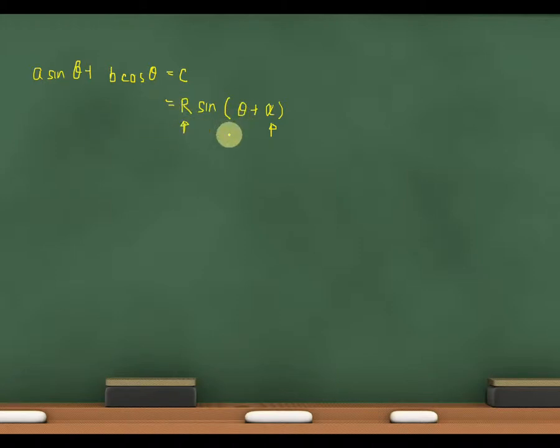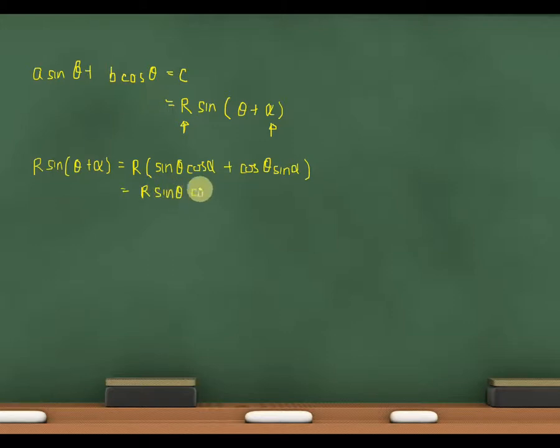First we expand this form using the addition formula. Keep the constant R. We expand this using the sine addition formula. It will be as such. Open up the bracket by multiplying the constant R into everything.